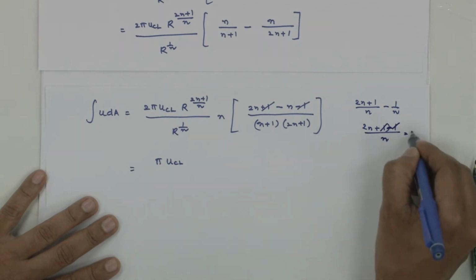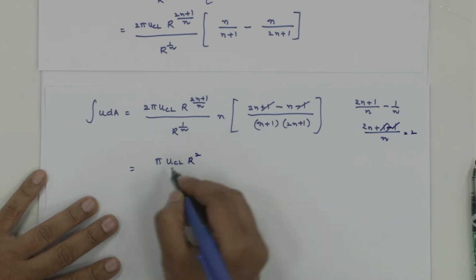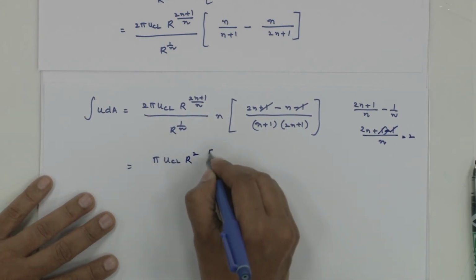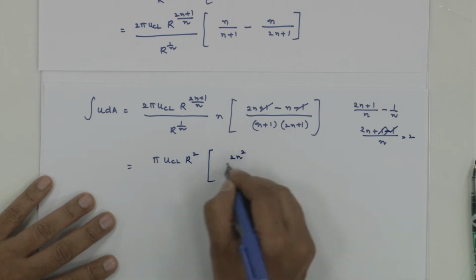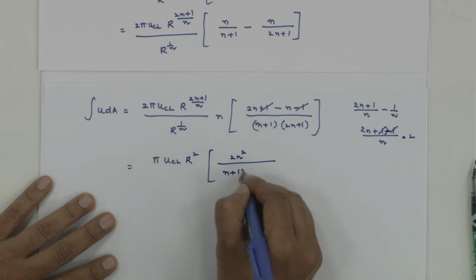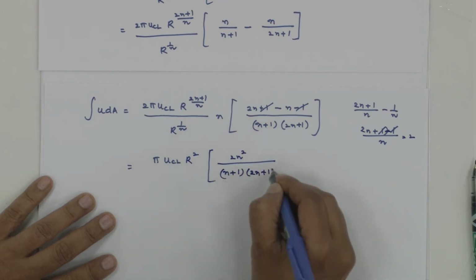So you just get it as 2, that is r squared into 2n² upon (n+1)(2n+1).